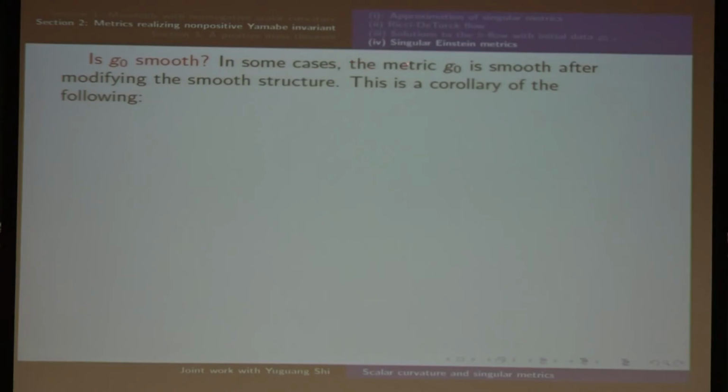So suppose we assume G0 is Lipschitz, then one can use the harmonic coordinate. One can solve the harmonic coordinate equation, find the harmonic structure, and then write down the Einstein equation, and then get some more information to show that G0 is smooth.